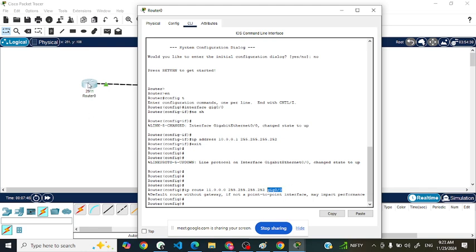It may be possible there are multiple interfaces, 0/0, 0/1, 0/3. But I am giving the instruction that if you receive any packet where the destination is 11.0.0.0, then you should send this packet only from the gig 0/0 interface.